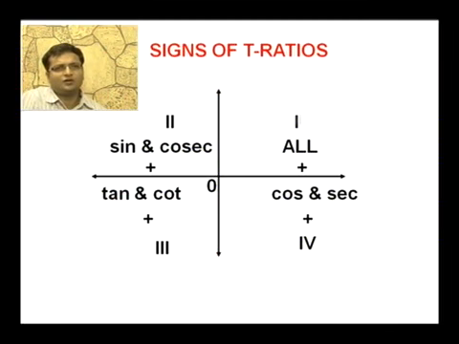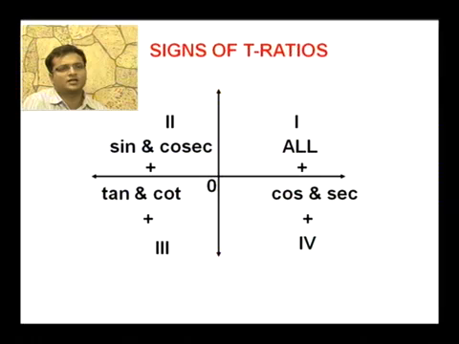And the sign of trigonometry ratios in these 4 quadrants. In the first quadrant, all trigonometry ratios, that means sine, cos, tangent, cosecant, secant and cot are positive. But in the second quadrant, sine and cosecant are positive and the remaining 4, tangent, cot, cos and secant are negative.